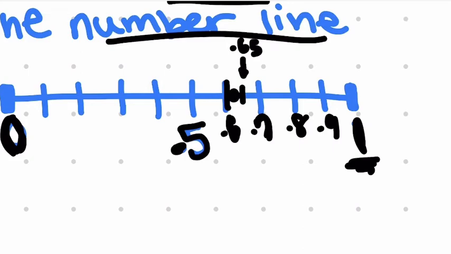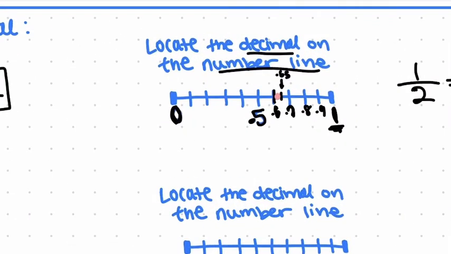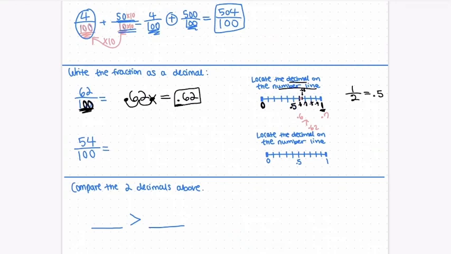It's not accurate, but this is an estimate. It's going to be around here, close to 0.6, because if you look at 0.6 and 0.67, 0.62 is going to be around right here. It's closer to 0.6. All right, let's look at the next problem.